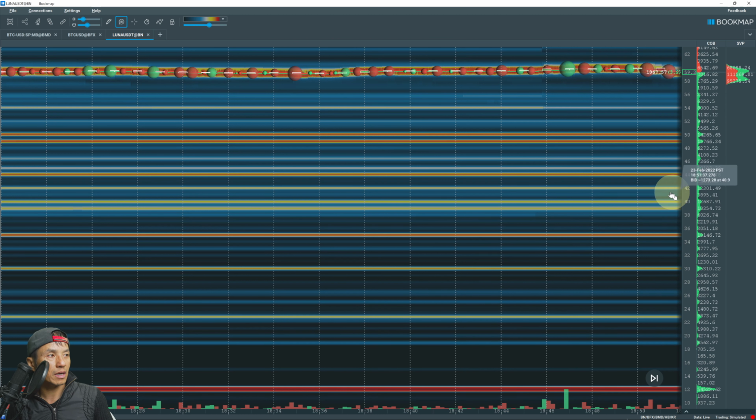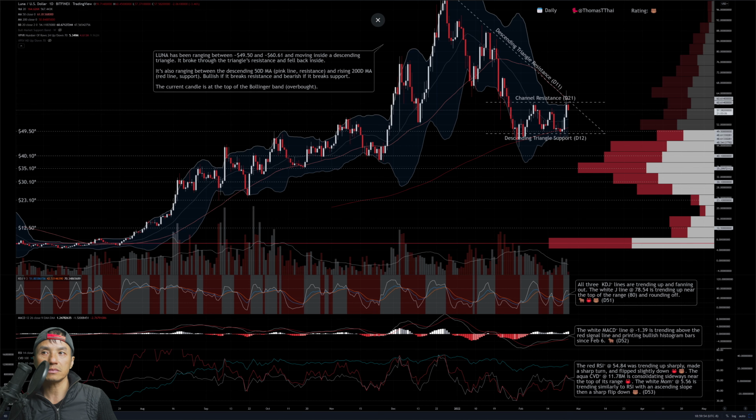You get some other ones in between here. You got 40, 42, 40, 30, and like 39. And here's the next big one, 35, 30, a small one, 23, and 12. So I matched these up closely with the Fibonacci levels. And that's why we have these.